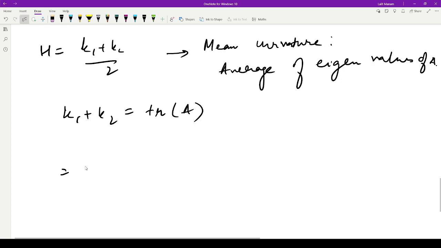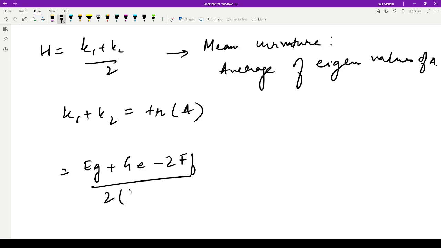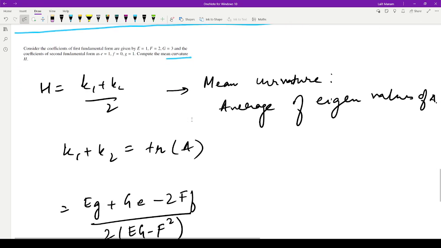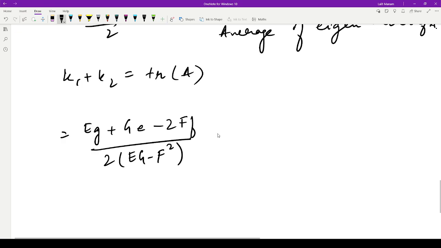So which leads us to this specific form. Again, it's nothing, just placing the values.